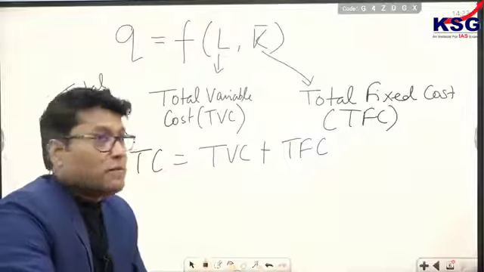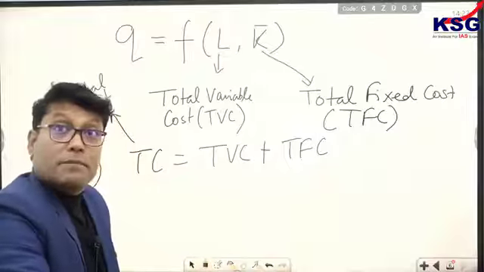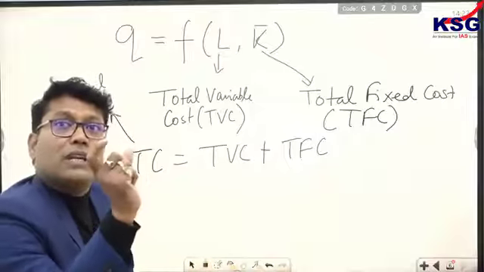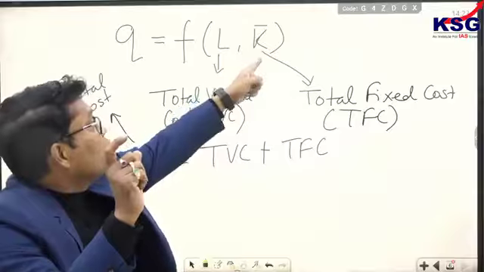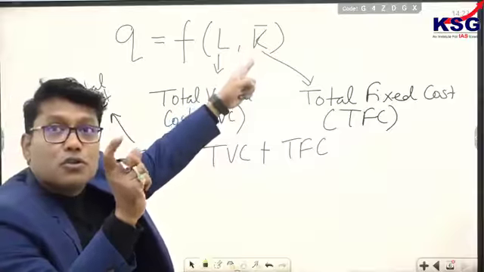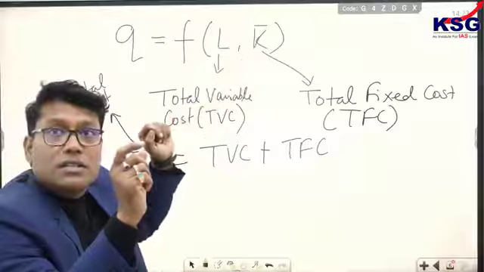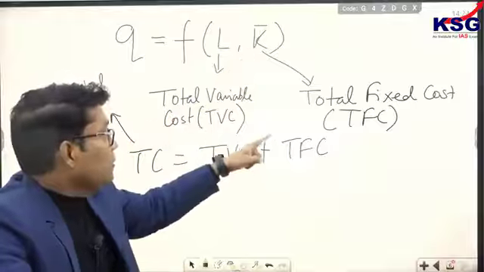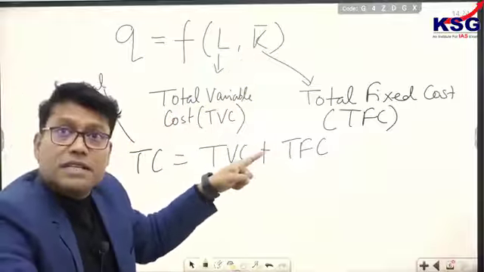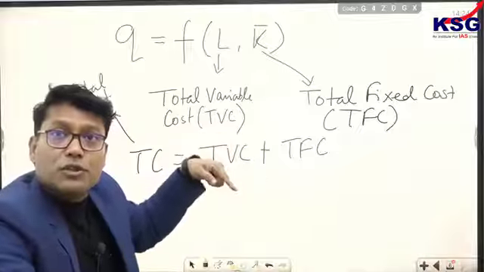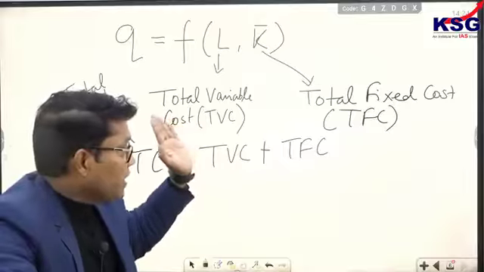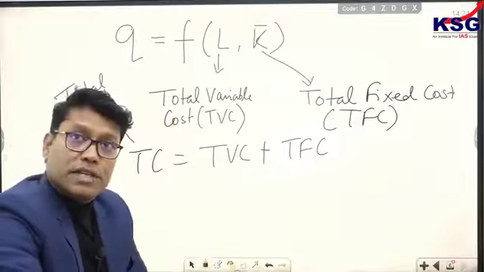That is the nature of TFC. It is not going to change. But our whole analysis is in the short term, remember, we assume capital is fixed. In the short term, labor you can change, but capital you can't change. So if capital is not changing, TFC will remain same whatever the level of output. And this we are analyzing in the short term. You're getting the meaning.